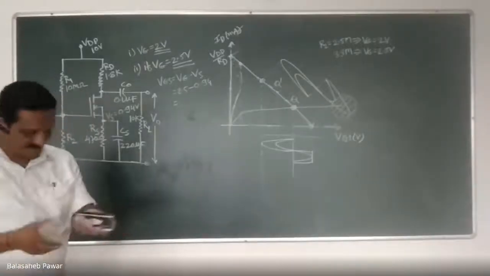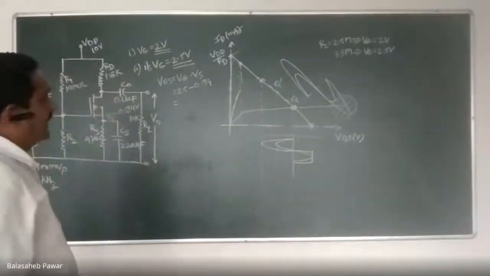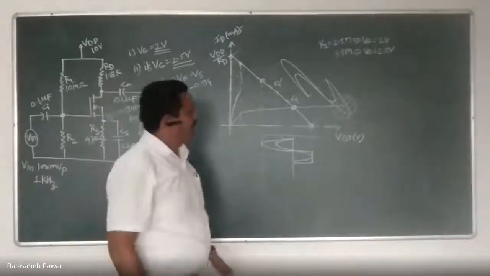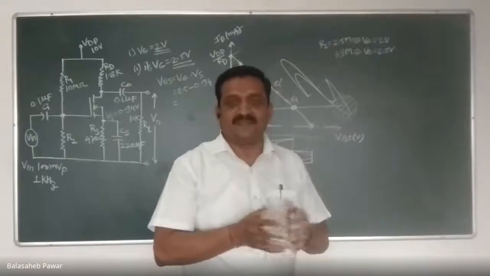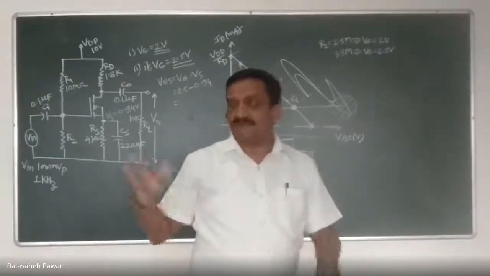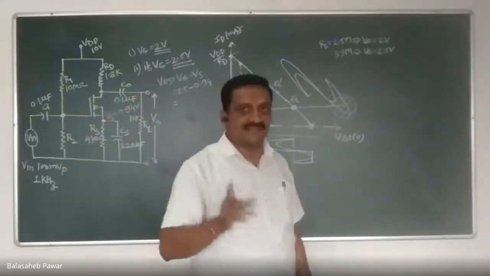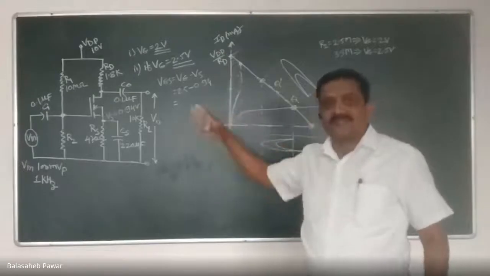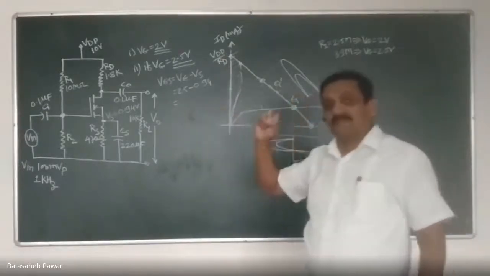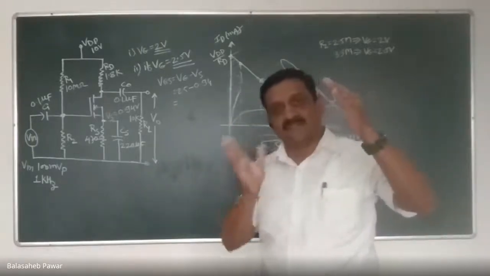Yes, sir. Very good. So I think our time is also over, so we will stop here. And today during our practical session, we will observe the same thing. I will show you using simulation software. So again, I appeal to all, don't miss the practical session also, so that it will be somewhat clearer to you how the amplifier circuit is exactly working, or what is meant by the operating point at the center, above the center, or below the center, right?